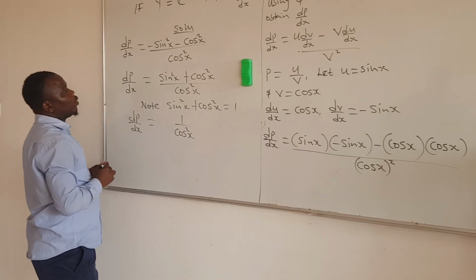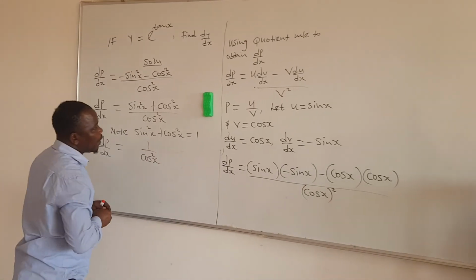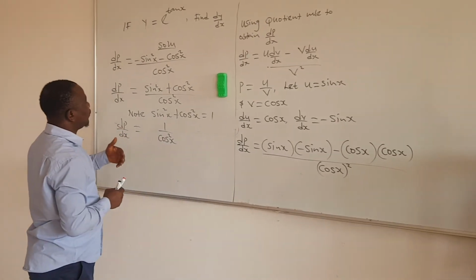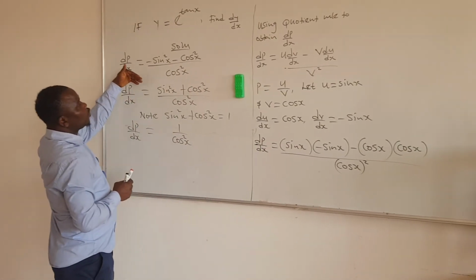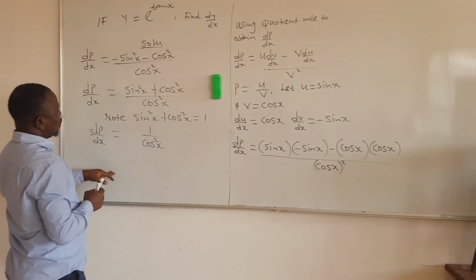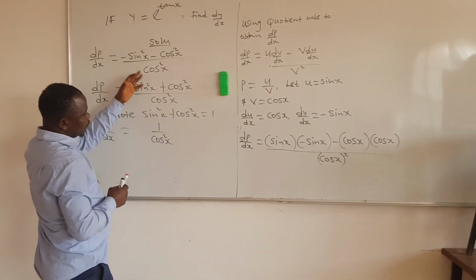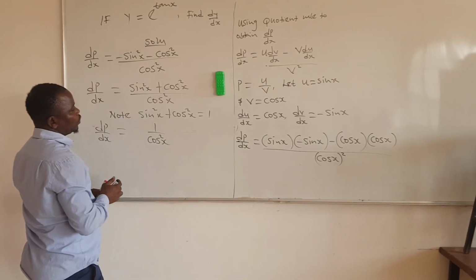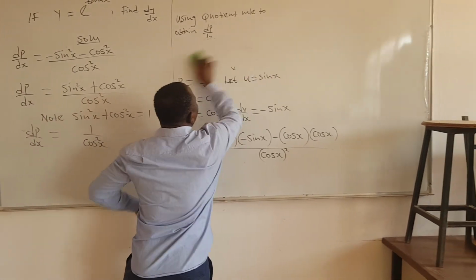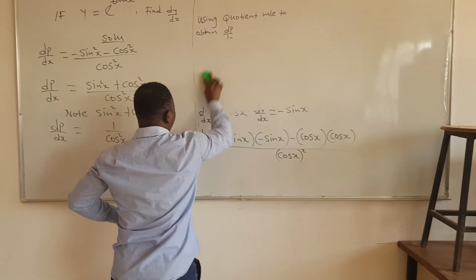Amen? Okay. So now you discover that I told us from the beginning that we are going to use the quotient rule, and substitution, to solve this function. Then at the end of the day, we will introduce the chain rule.